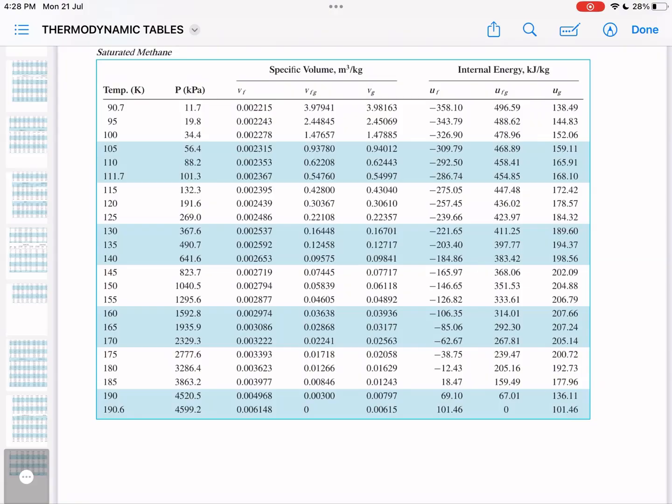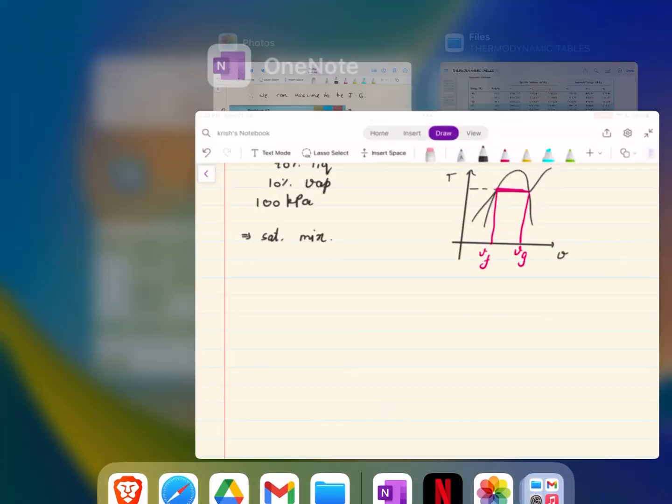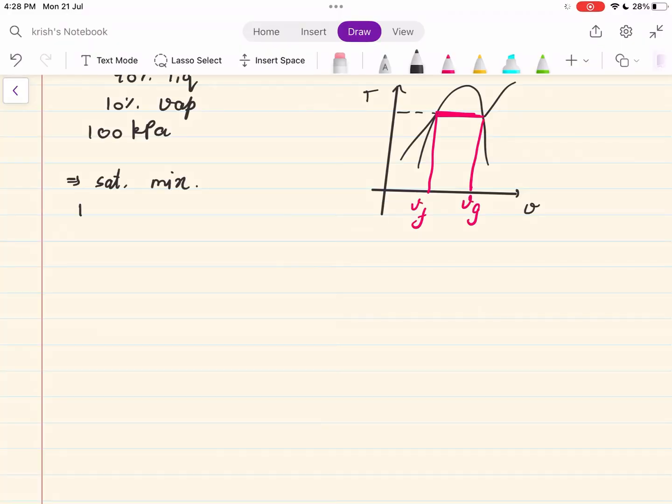But since 101.3 is so very close to 100 kilopascals, we are just going to use the Vf and the Vg values. So let us write that down. Vf of saturated mixture at 100 kilopascals of methane, remember we are looking at the methane table, equals 0.002367.